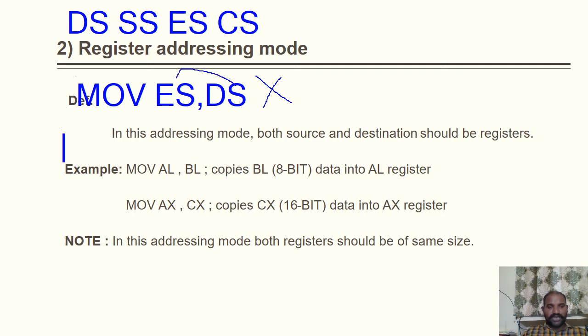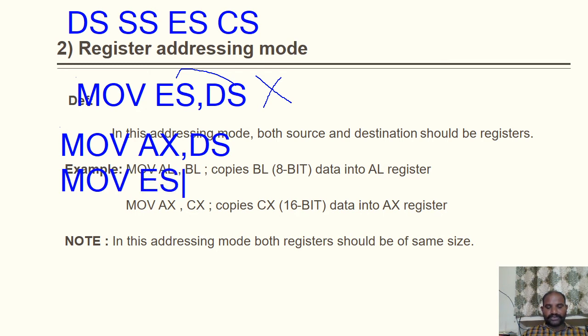First I copy the DS value into AX, and after that I copy the AX value into ES. This is acceptable, because copying from one segment register to another directly is not possible.